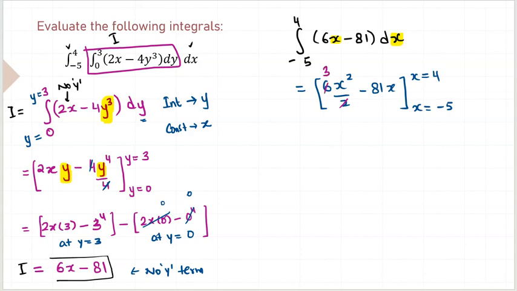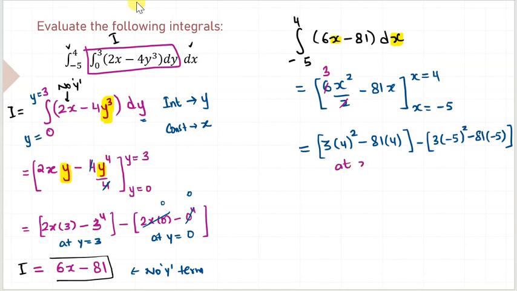After that, we are left with just the limit substitution: 3 times 4 squared minus 81 times 4, minus 3 times minus 5 squared minus 81 times minus 5. This is at x equal to 4 and this is at x equal to minus 5.